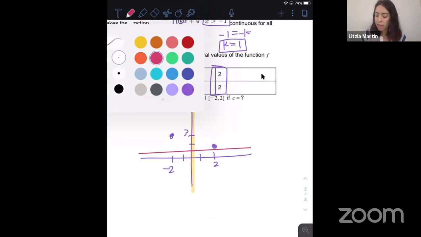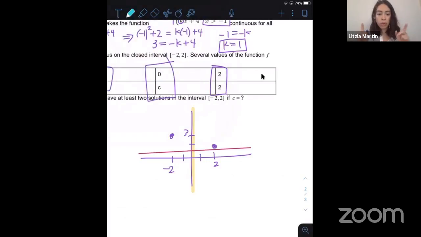If you think about it, we don't really know what's happening in between those 2 points that we have drawn. There could be an infinite variation of things that could happen. Maybe it's just a straight line connecting the two. That would mean there's no solutions for y equal to 1 because it doesn't go through that line. It could be something like that. Again, that would mean there's no solutions.